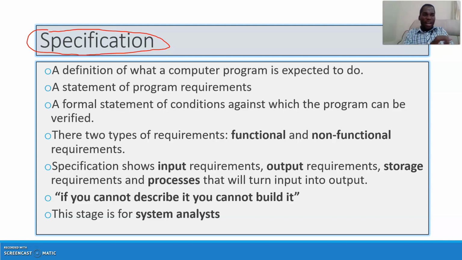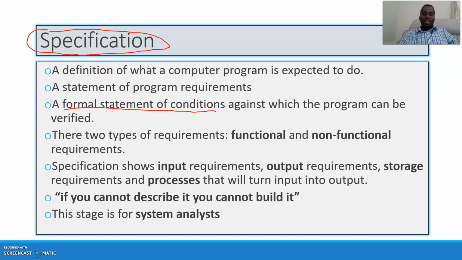So we identify the problem, then we come up with what we can do to achieve a solution. So you come up with the requirements, what would be needed for us to come up with a solution to address this problem. So we say requirements. Specification can also be looked at as a formal statement.